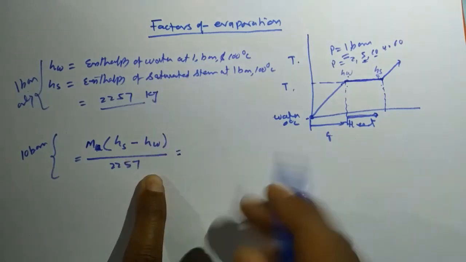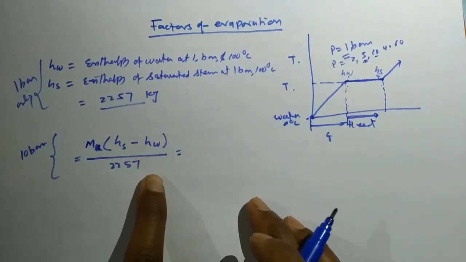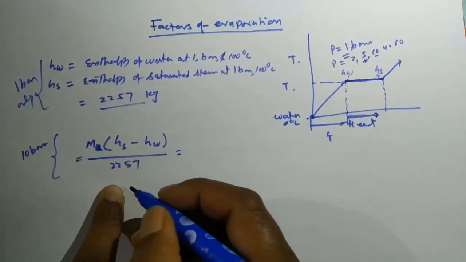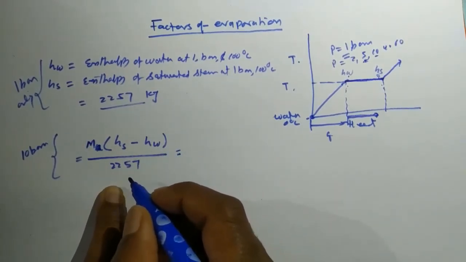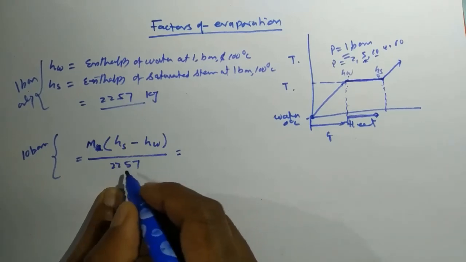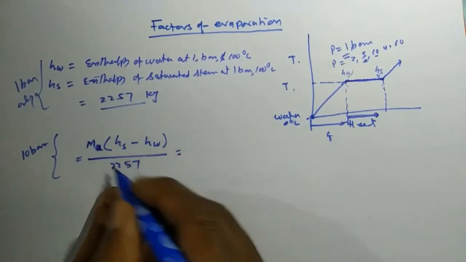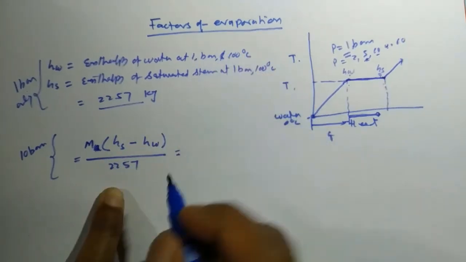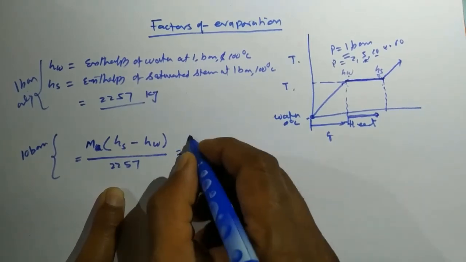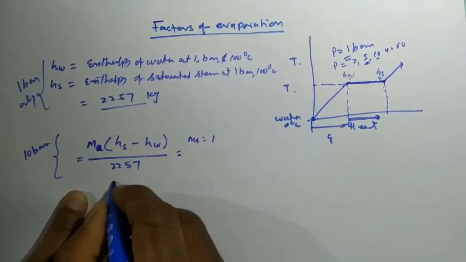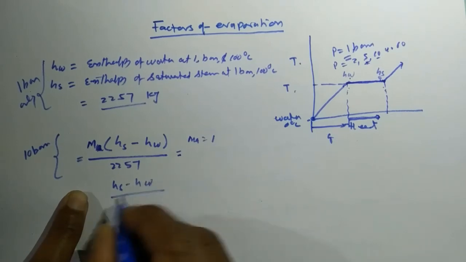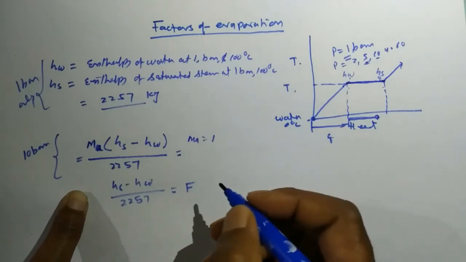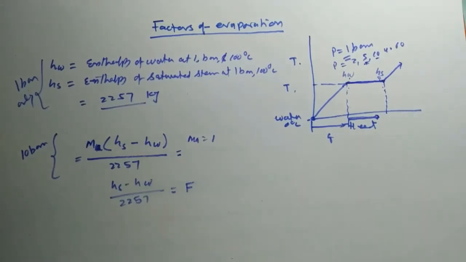The factor of evaporation is the ratio of actual heat absorbed by the water to convert into steam to the latent heat of vaporization at standard condition, that is 2257. For Ma equal to 1, (Hs minus Hw) divided by 2257 is called the factor of evaporation, F.